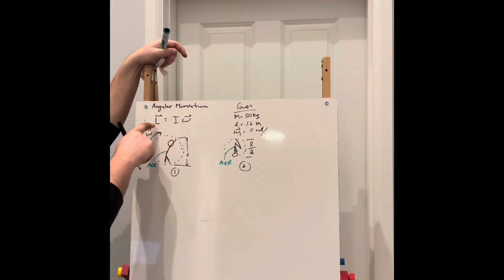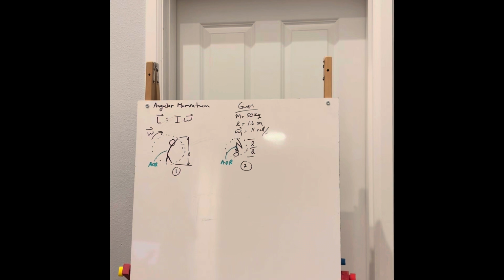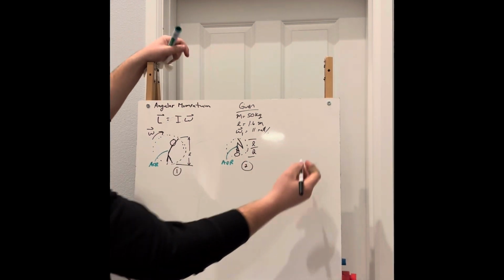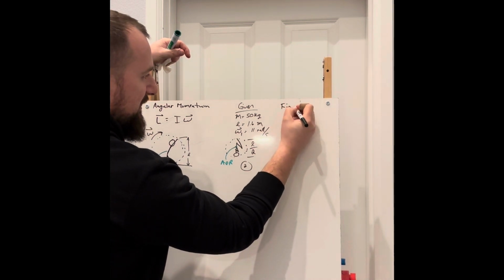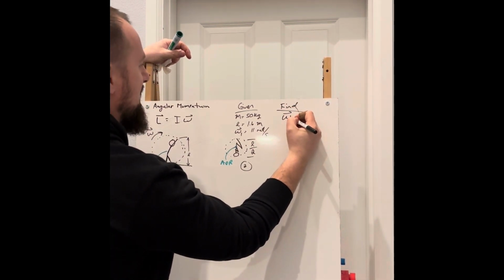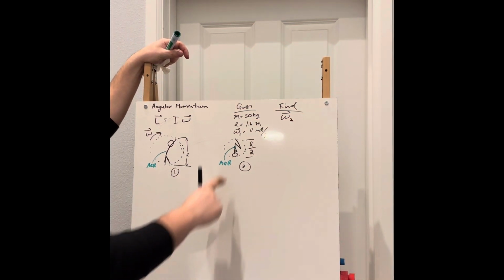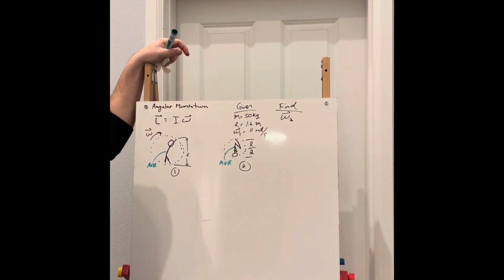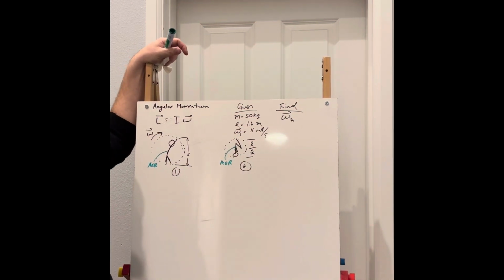Note that angular momentum is a vector. It can be found by using the right-hand rule. So what we're trying to find is angular velocity at position 2. This position, when they're at the very top. What is their angular velocity when they're completely tucked in and their overall length is half of what was initially?